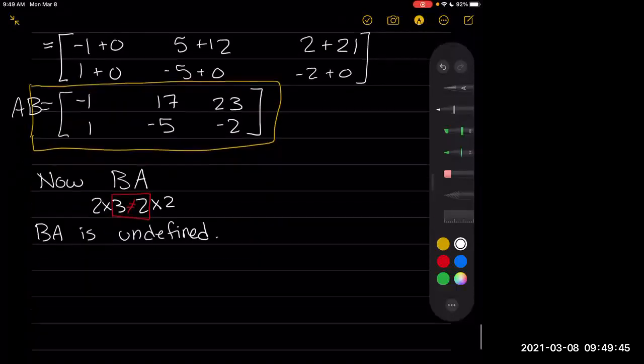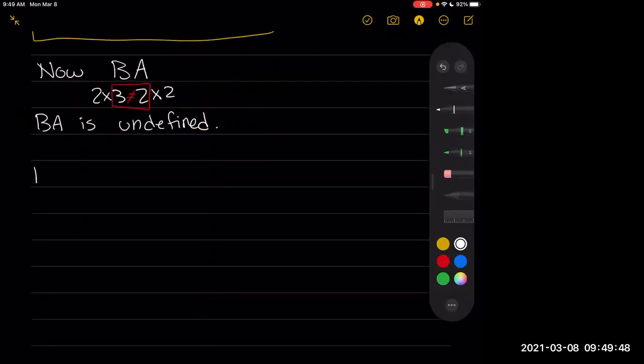So now we're going to move on to properties of matrix multiplication.